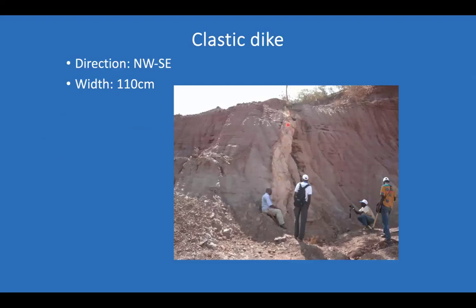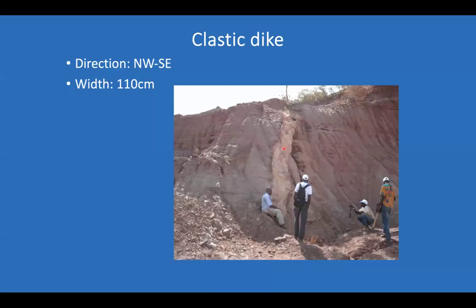The clastic dike is just the yellowish vertical layer that we have. On both sides of this clastic dike, we have lacustrine silt deposits, but this dike is just crossing the beds.